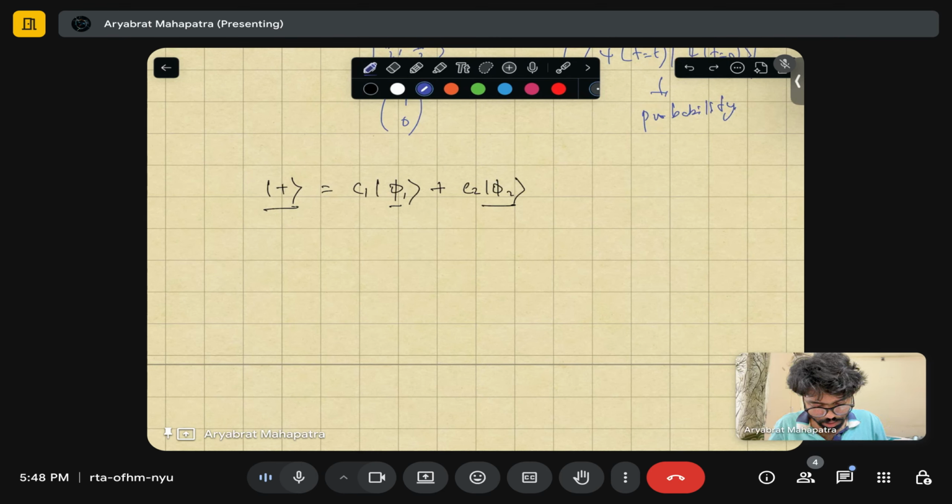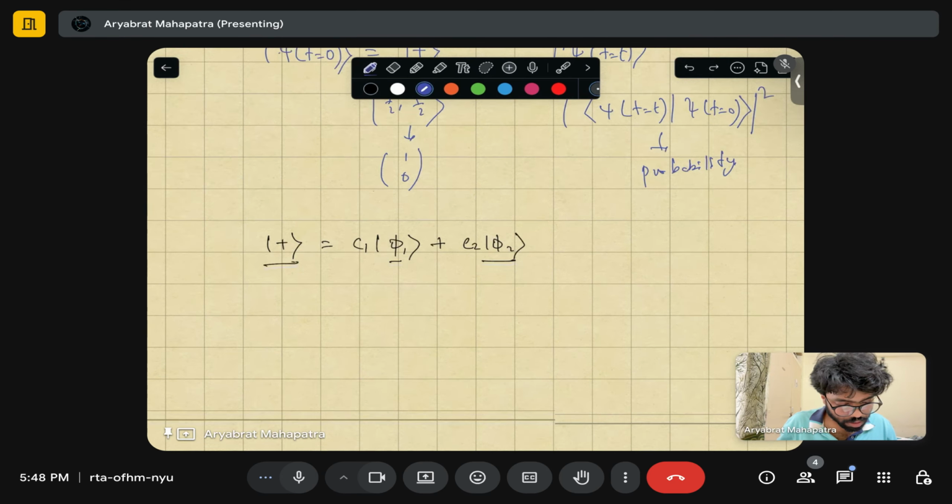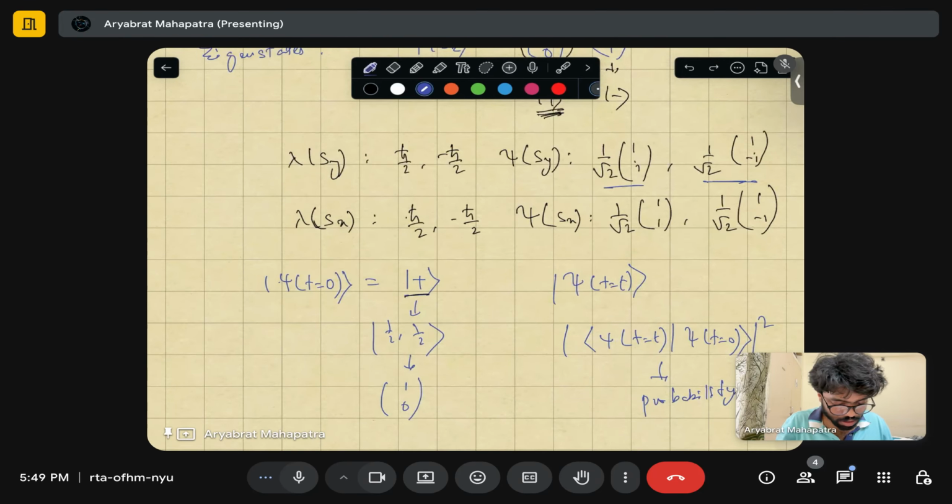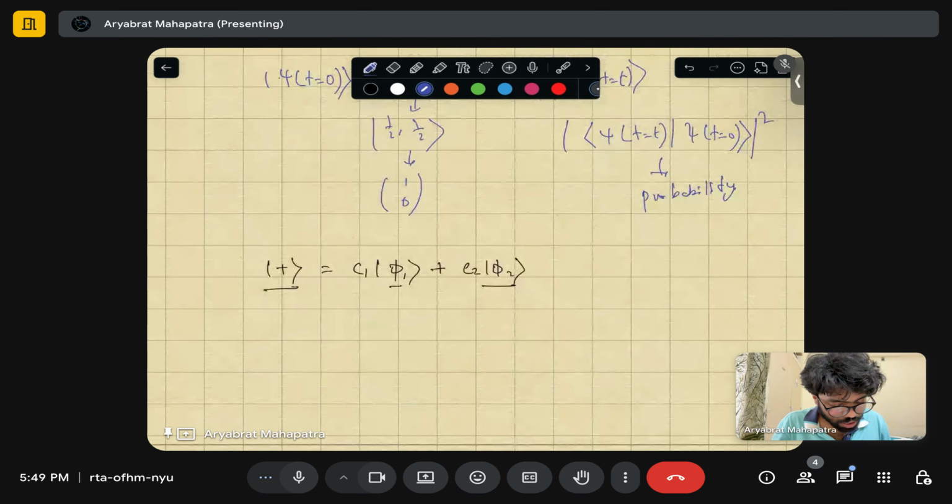So let's call these phi 1 and phi 2. Then I can calculate what are C1 and C2.